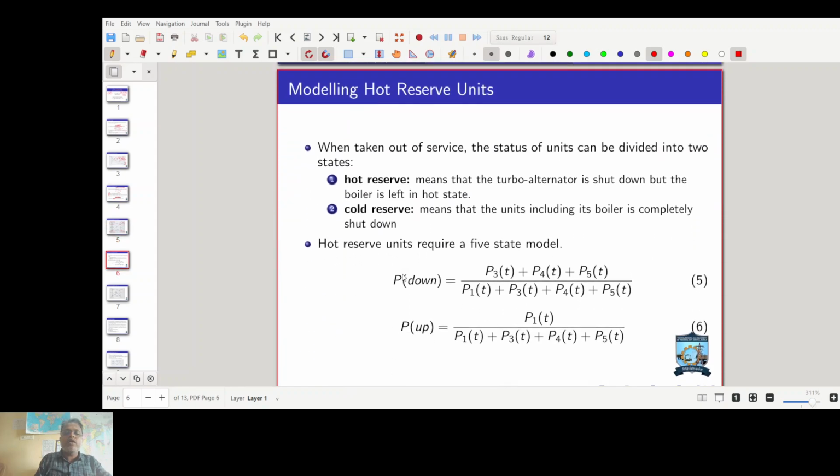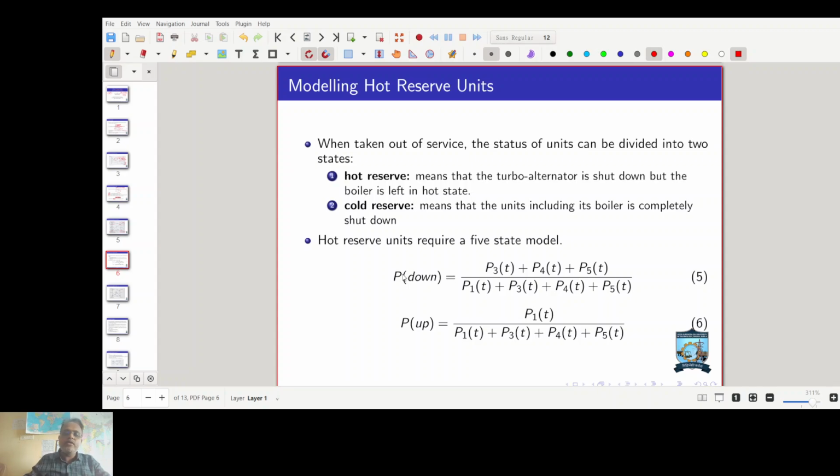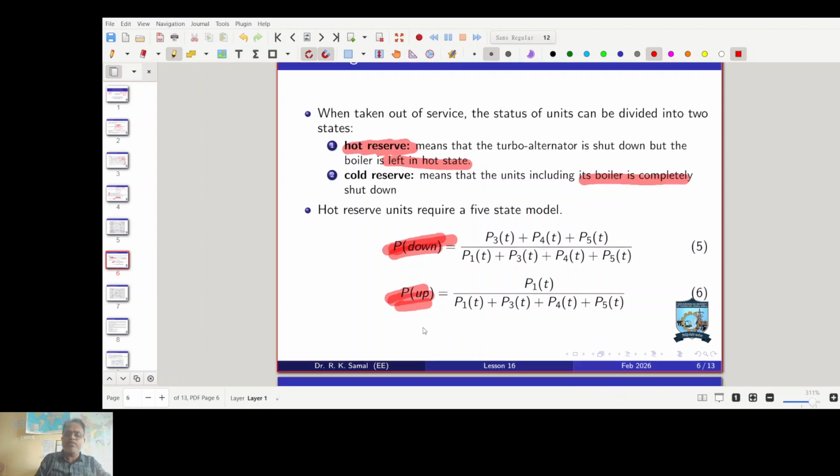Then coming to modeling hot reserve or the spinning reserve units. So what is a hot reserve? Hot reserve means the turbo alternator is shut down, but the boiler is left in the hot state. Cold reserve means the boiler is completely shut down. So hot reserves are modeled by this. It requires a 5-state model.